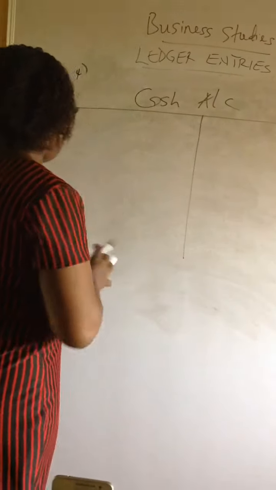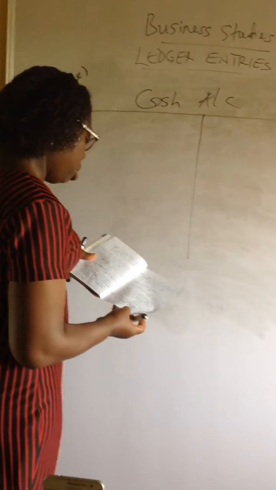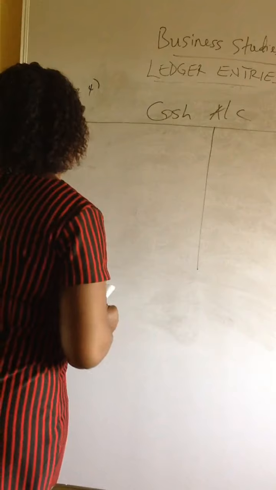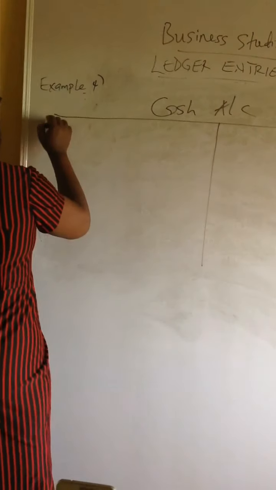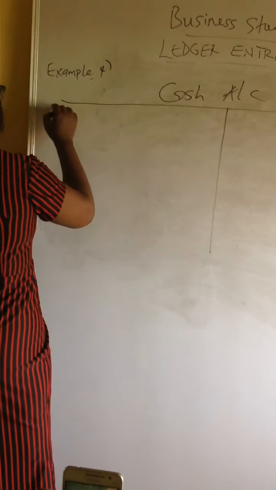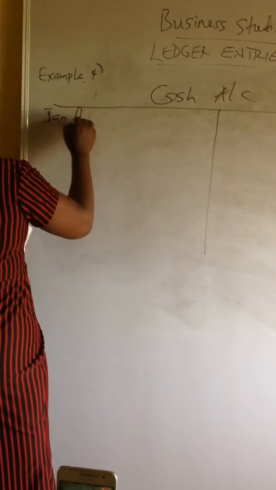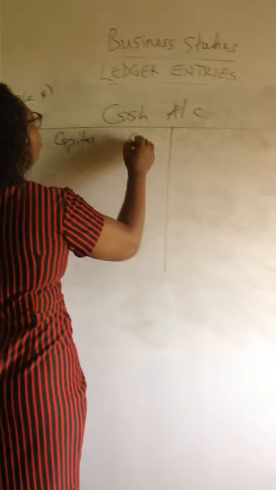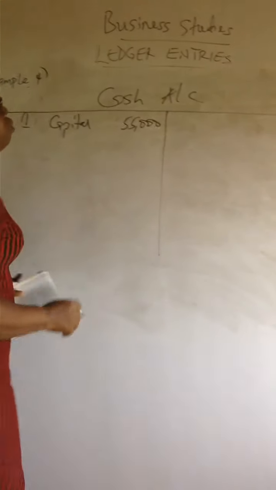So first, the transaction on the 1st, they said it started business with 55,000, and we know that starting business, that is capital. So you have January 1, capital. The amount is 55,000 naira.